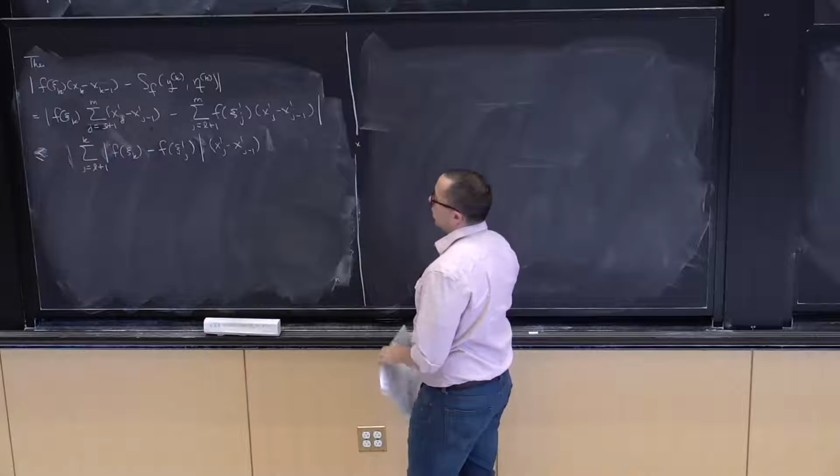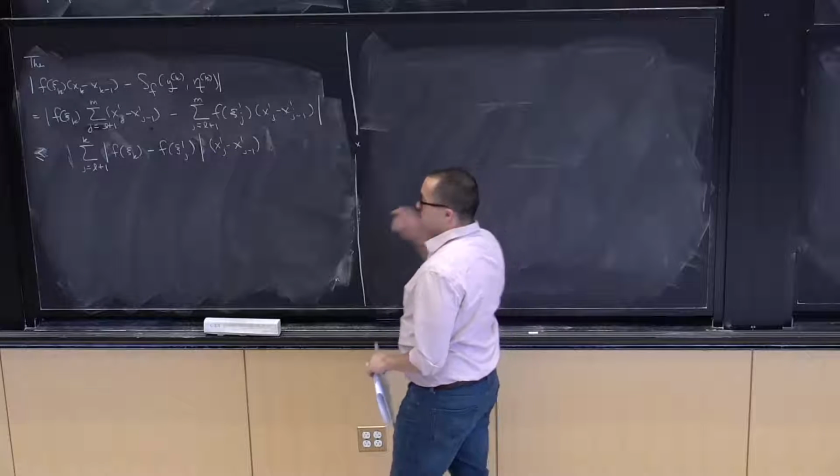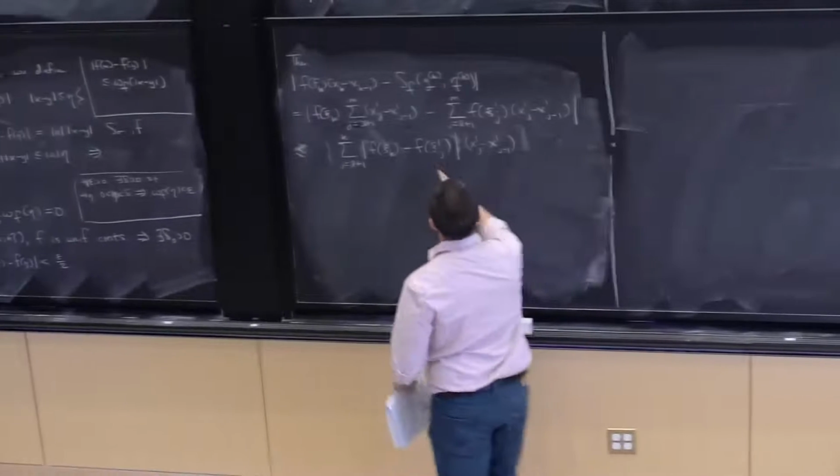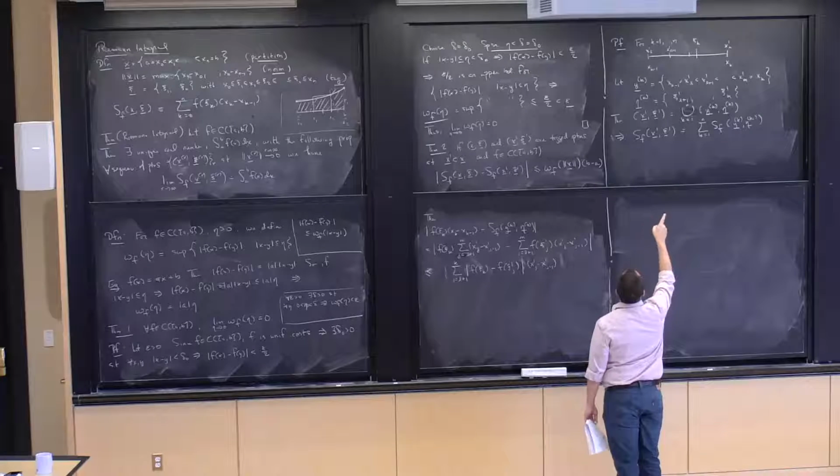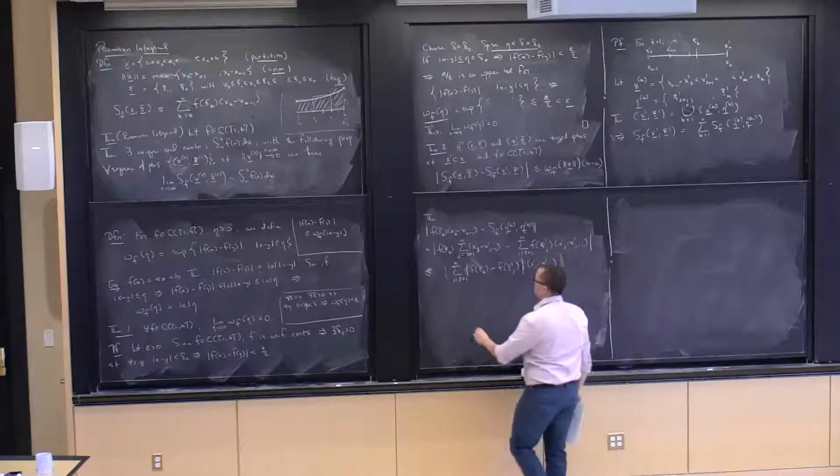Okay. Now, c_k and c prime_j are both in the interval [x_{k-1}, x_k].